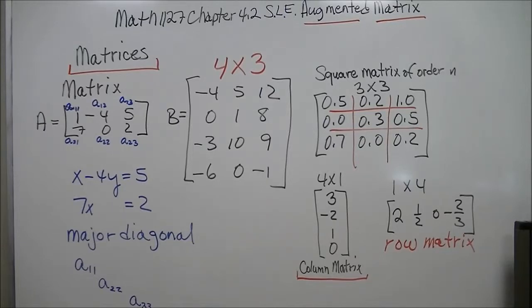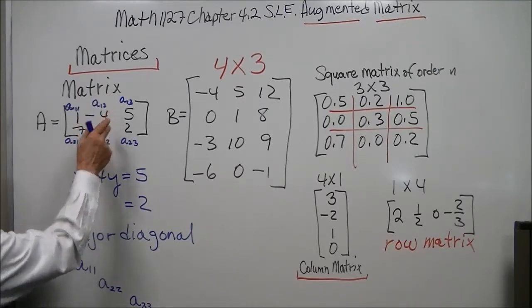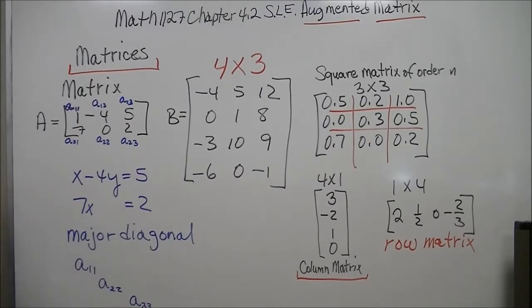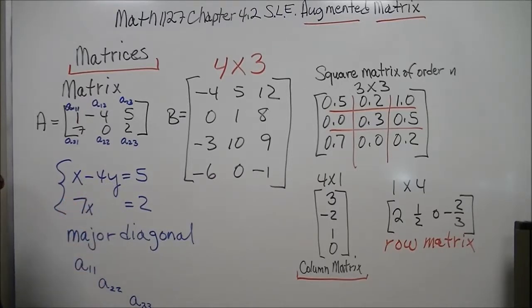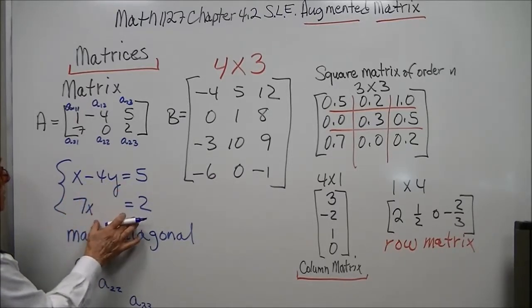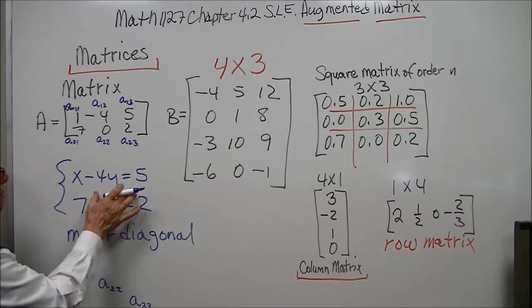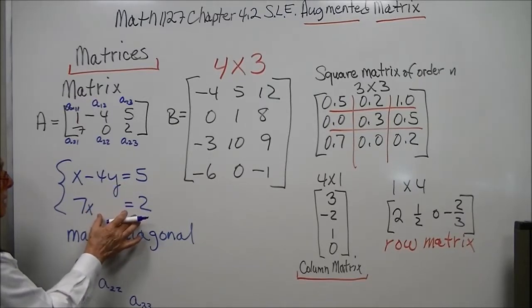A few more items about the terminology of a matrix, and that is, first of all, where did this matrix come from? What might it have looked like before it was in a matrix? And again, this ties in with section 4.1. Well, this system of linear equations in 2 variables, if we were to put this would be called standard algebraic form.